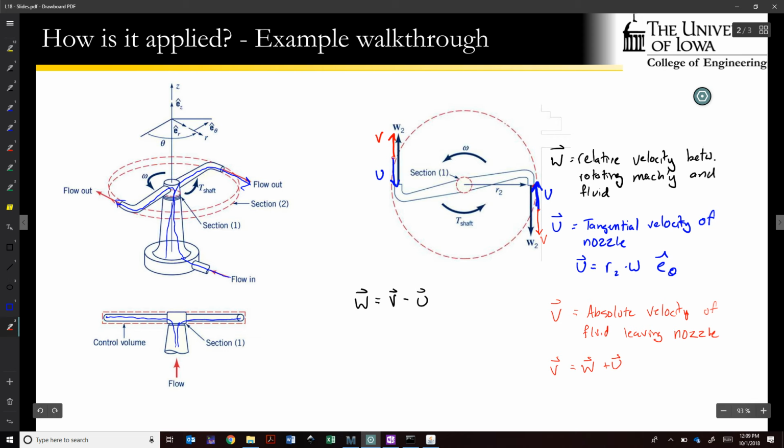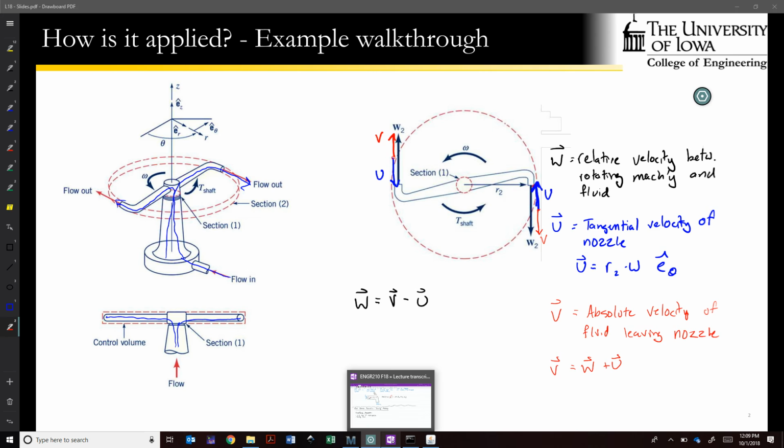So we have three velocities, and really only two of them are unique, and the third one can be found from this identity between the relative velocity, the rotational velocity of a nozzle or an exiting point in a rotating machine, and the absolute velocity of the fluid. So with this in place, I'll give just a few more seconds to make sure everyone writes this down.